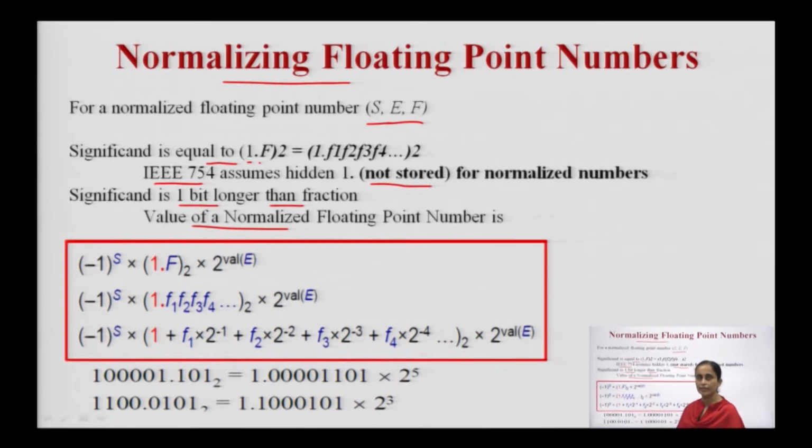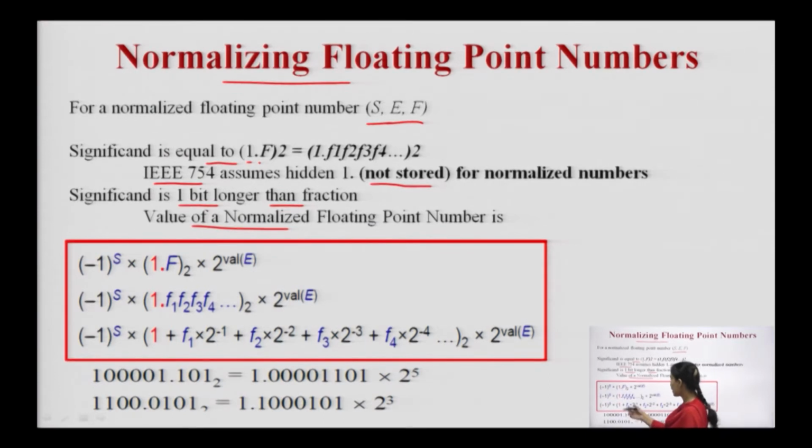How we calculate using bias, we will discuss now. This f is a part consisting of f1, f2, f3, f4 and so on. My number is (-1)^s × 1.f1 f2 f3 f4 × 2^e.